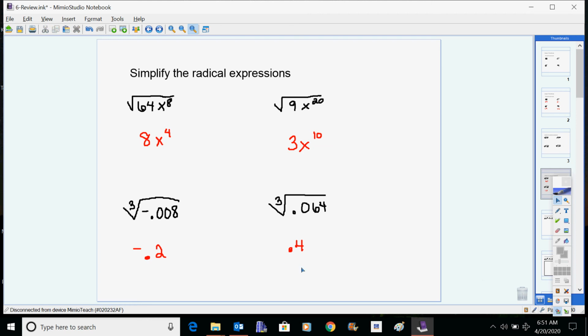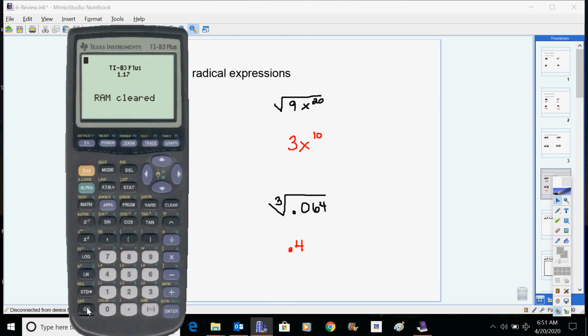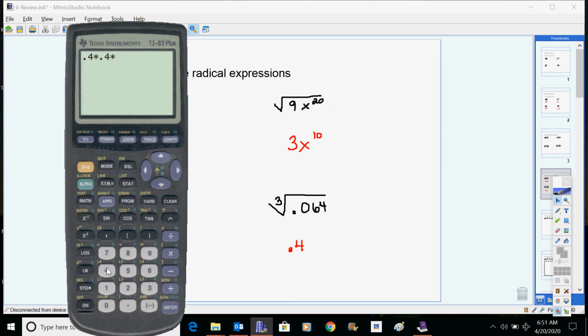But then just watch out for the decimal place for your final answer, because it has to be where 0.4 times itself does give you 0.064. So you could always go back and check it just to make sure you're right and to do a good job with that.